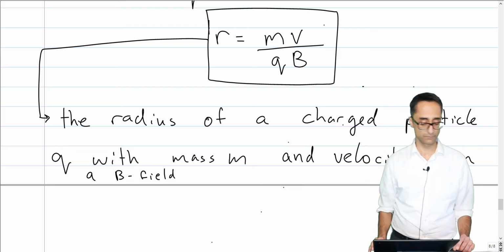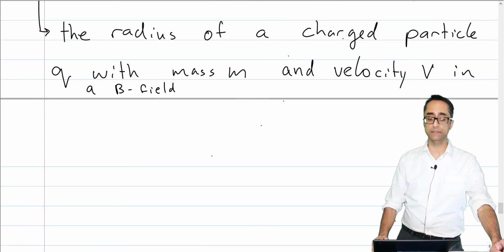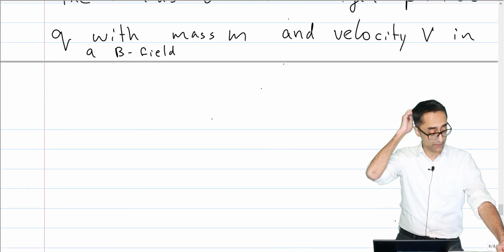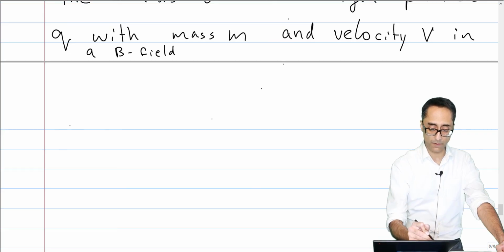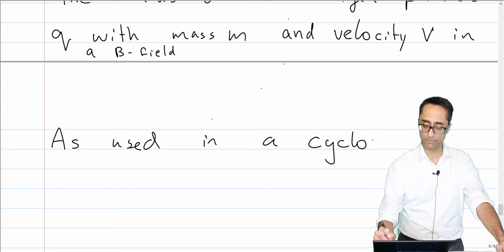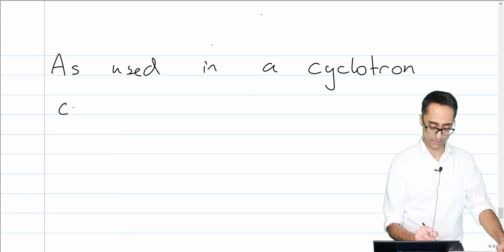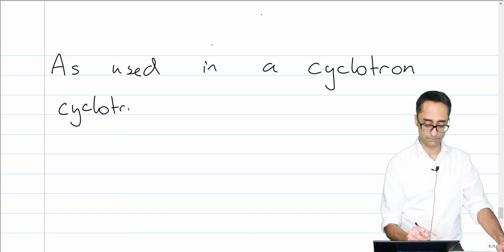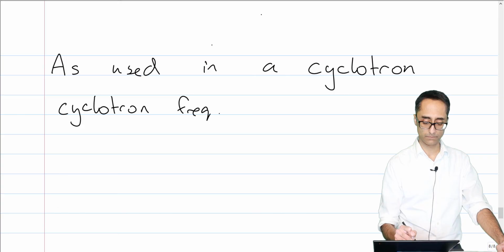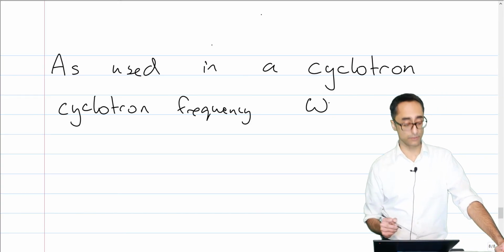Good enough. All right. And so this relationship is used in a cyclotron in the following way. So that's what the application is all about. As used in a cyclotron, our cyclotron frequency is given by the following equation.